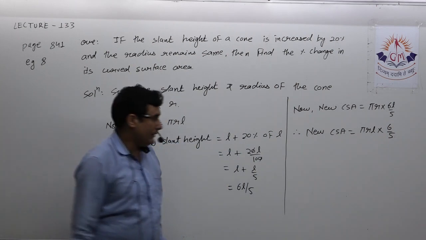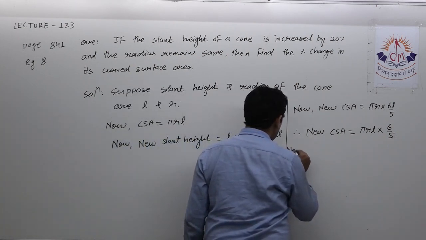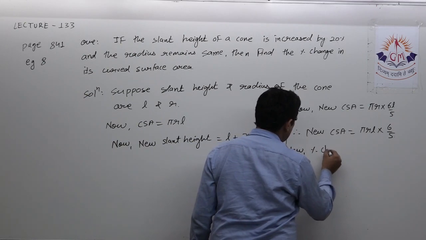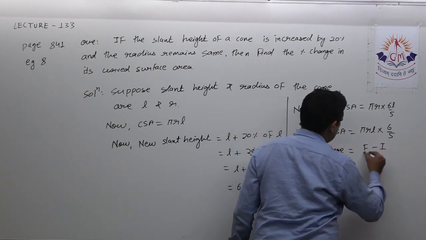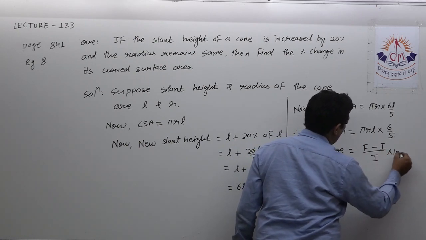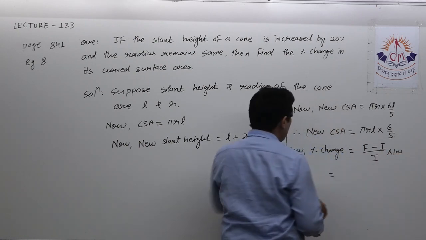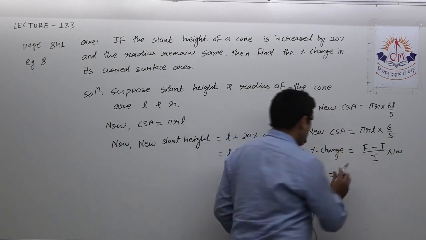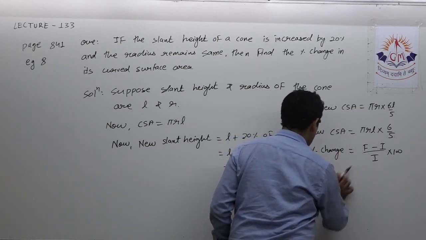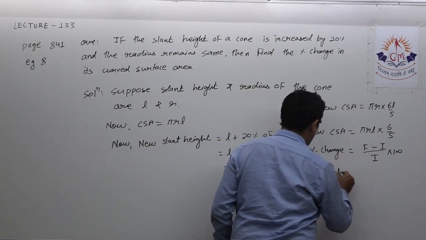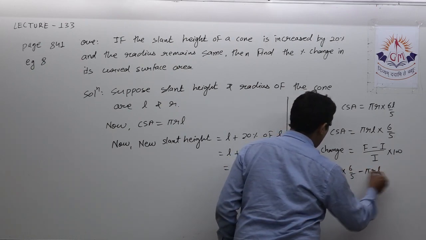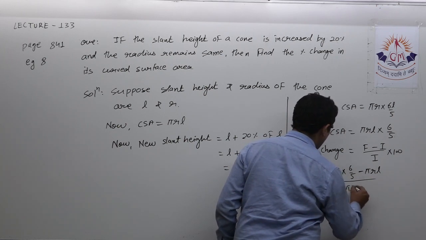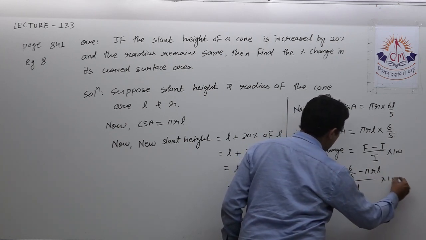Now we'll find the percentage change. Percentage change is equal to final minus initial upon initial multiplied by 100. The final is the new CSA, that is pi R L into 6 upon 5 minus pi R L, divided by pi R L, multiplied by 100.